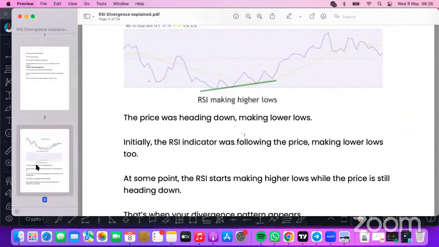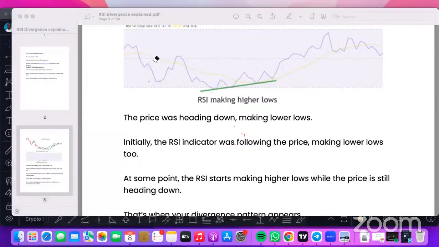The price was heading down, making lower lows. That's the price action. Initially, the RSI indicator was following the price. Initially, when the market was going down, the indicator was also following the price. At some point, the RSI starts making higher lows while the price is still going down.